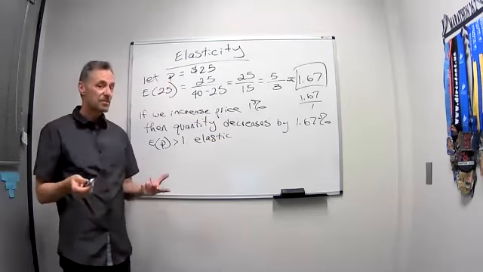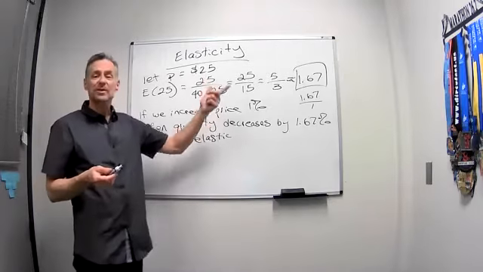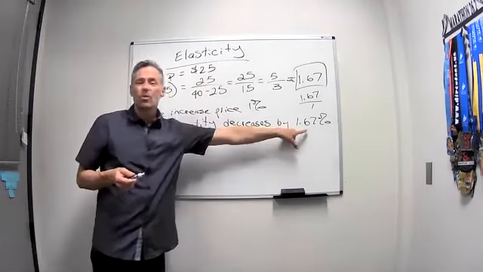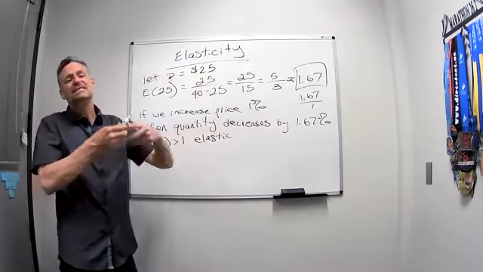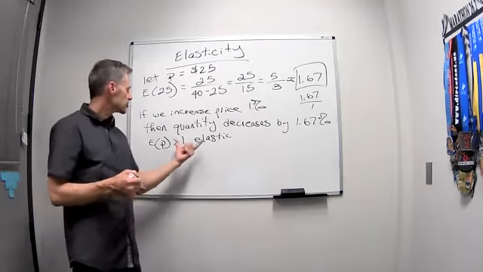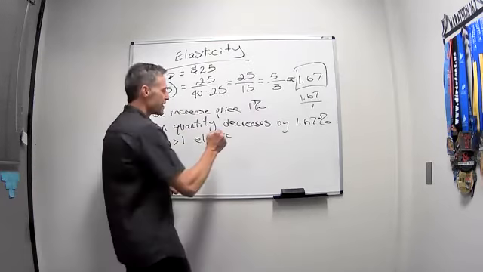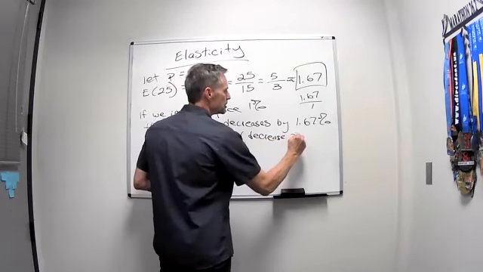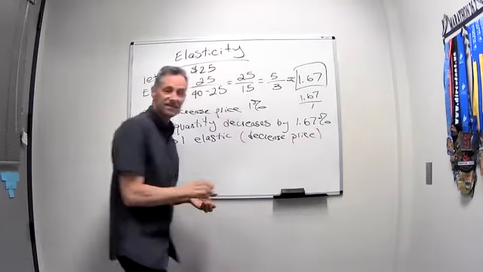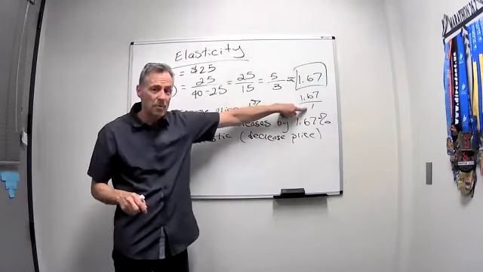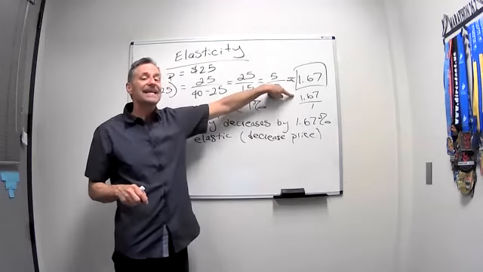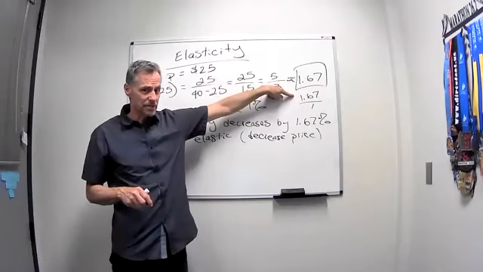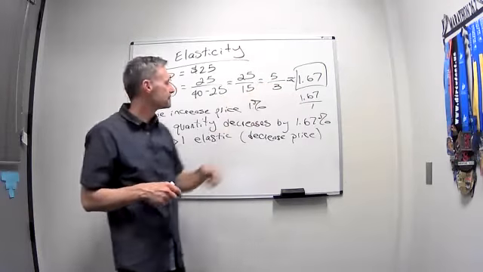And if we want to maximize revenue, I don't want to increase the price because the quantity demanded decreases even more than the increase in price. So if it's elastic, I want to decrease the price. Because think, if I decrease the price 1%, the quantity demanded is going to increase 1.67%. Bigger bang for my dollar.